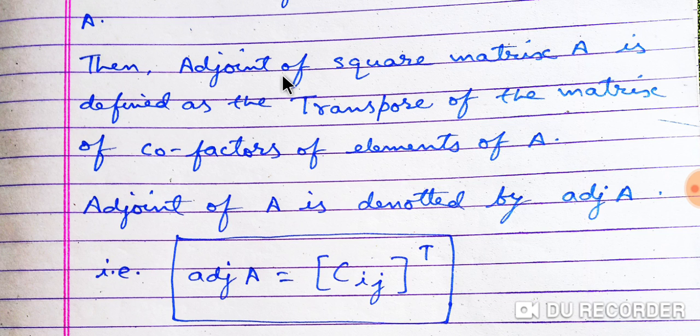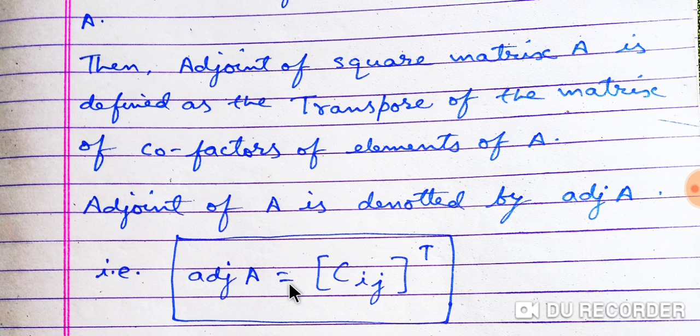First read the definition: the adjoint of a square matrix A is defined as the transpose of the matrix whose elements are the cofactors of elements of A. So Cij is also a matrix here. Mathematically, adjoint A will be the transpose of Cij. Cij is a matrix whose elements are the cofactors of each and every element of A, so C11, C12 are elements of this matrix. The adjoint will be the transpose of this matrix. When we find the transpose of this matrix, it will be equal to adjoint A.